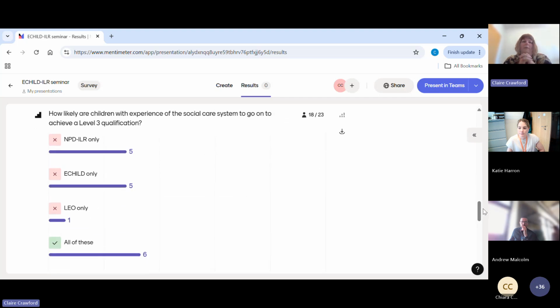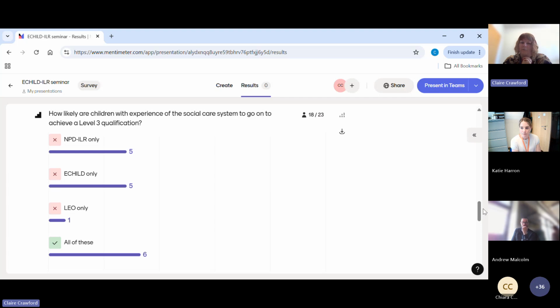Just a couple more here. So how likely are children with experience of the social care system to achieve a level 3 qualification? Katie identified earlier that social care data is part of ECHILD, and it's also part of the data that is typically shared through the National Pupil Database.